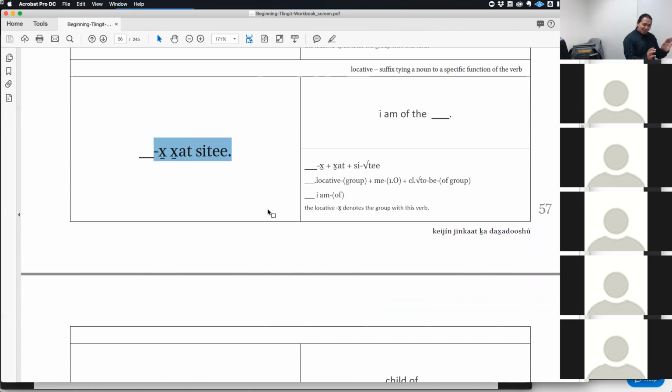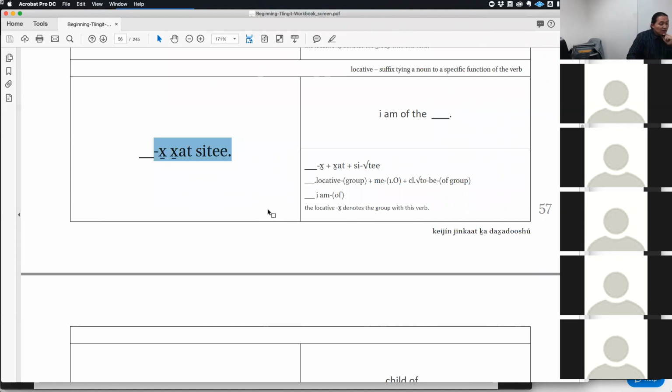And so we went over this one, so that underline X goes on to something, and then chatzati would mean I am one of these things, right? So this is often a clan, so you say kagwantan chatzati, or you could say daklawe chatzati. It gets that on the end, right?